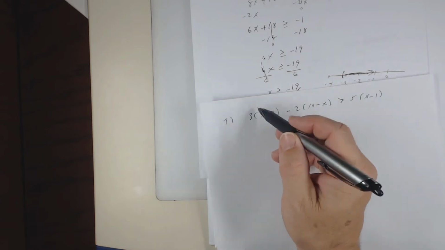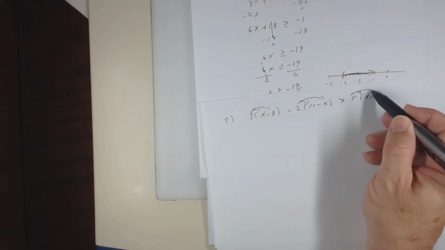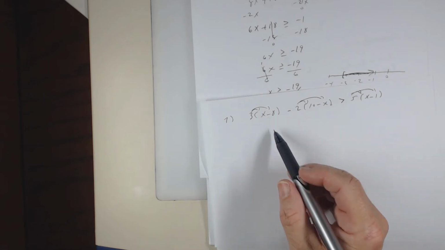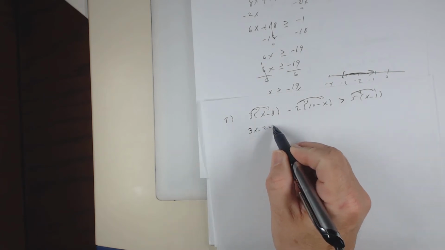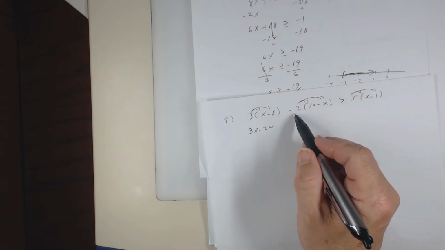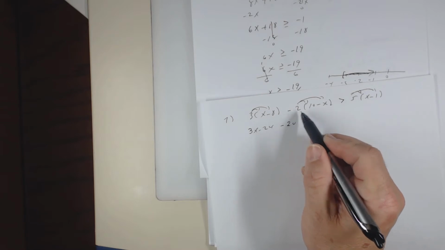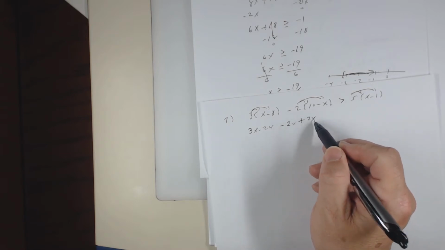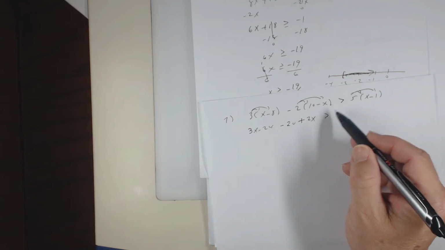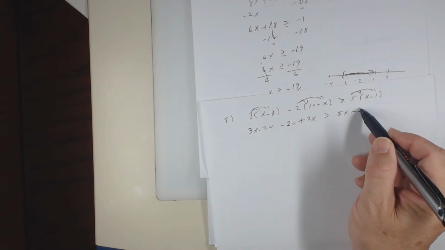What are you going to do? Distribute. 3 times, right? Okay. What's 3 times x minus 8? 3x minus 24. Okay. What will you distribute here? Negative 2. Okay. What's negative 2 times 10? Negative 20. What's negative 2 times negative x? Plus 2x. Okay. Greater than? What's 5 times x? 5 times negative 1.